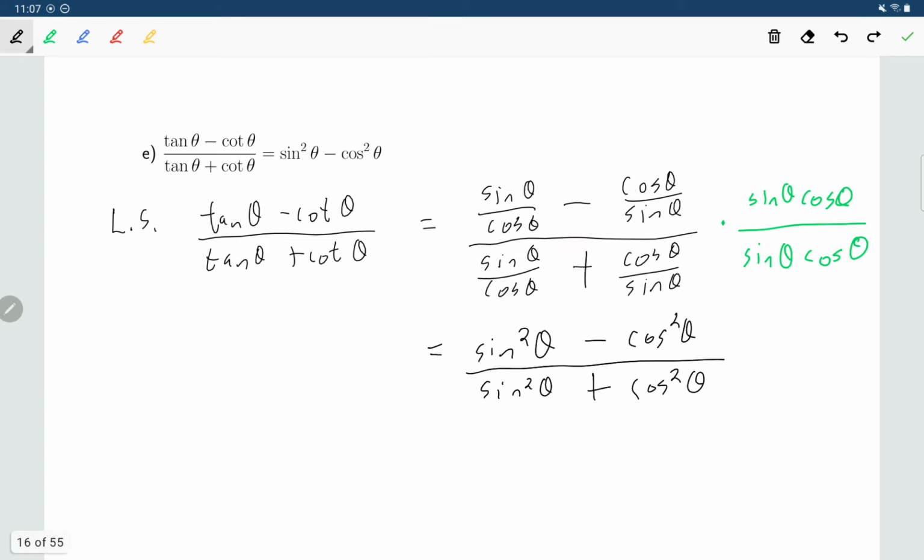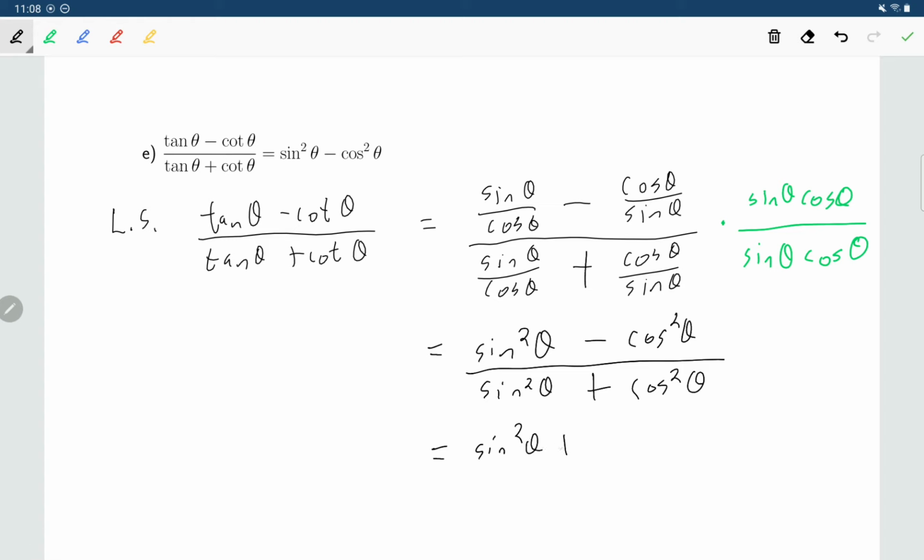Sorry about that. So my original expression, tangent minus cotangent over tangent plus cotangent, I turned into sines and cosines. I've simplified that complex fraction so that now I have sine squared minus cos squared over sine squared plus cos squared. And I know that sine squared plus cos squared is equal to 1.